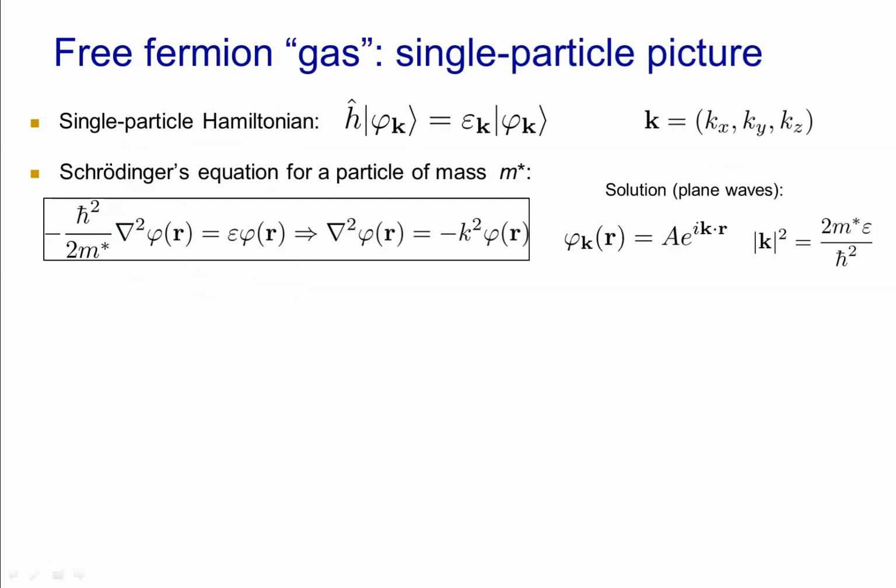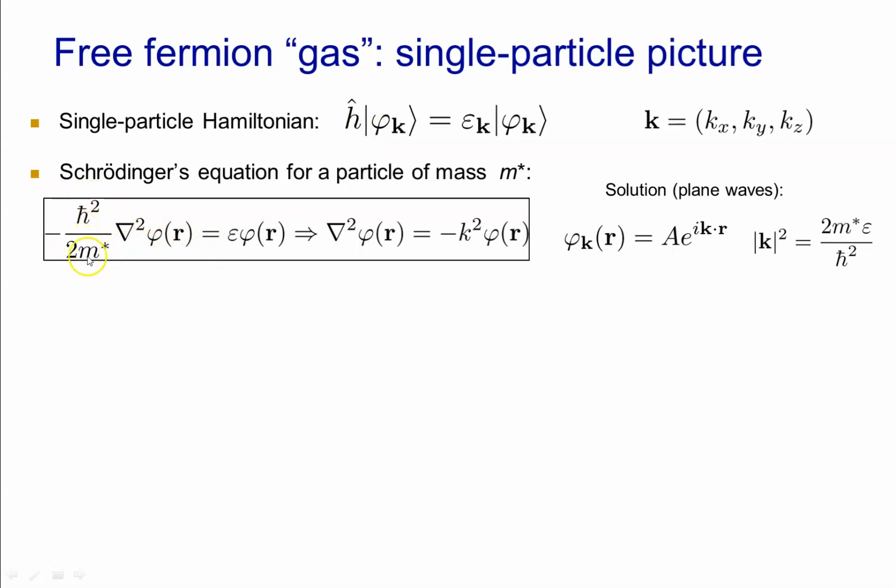Okay, so let's start with a single particle picture for this free fermion gas. Let's start then with a single particle hamiltonian. We discussed that in the other classes. So in this case, the single particle hamiltonian is just going to have this kinetic energy for the electrons.